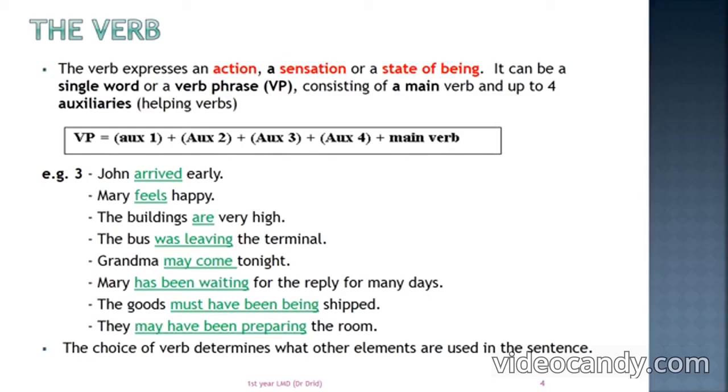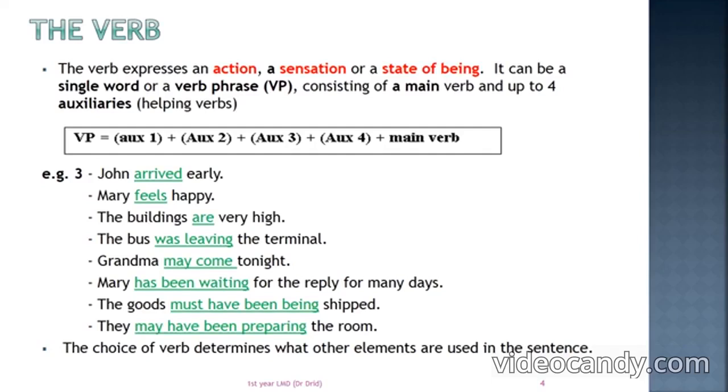Of course, the auxiliaries come before the main verb. Here we should also make a little remark concerning the main verb. Sometimes the main verb has an ending, like ed, ing, s. This depends on the tense of the verb, whether it is a simple, a perfect, or a continuous tense.